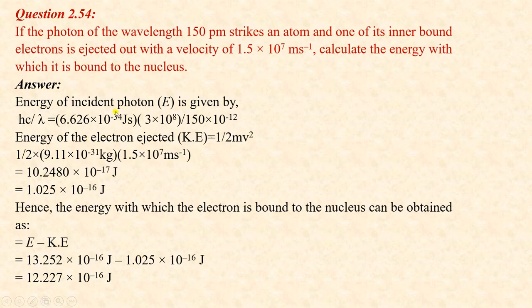E can be determined using the formula hc by lambda, and kinetic energy can be determined using the formula half mv square. So it comes equal to 1.025 into 10 to the power minus 16 joule. When you put both values in this formula, the work function, that is h nu naught, comes equal to 12.227 into 10 to the power minus 16 joule. This is question number 54.